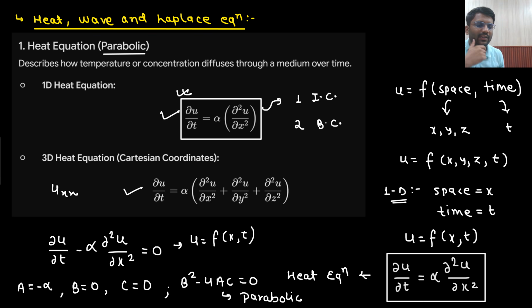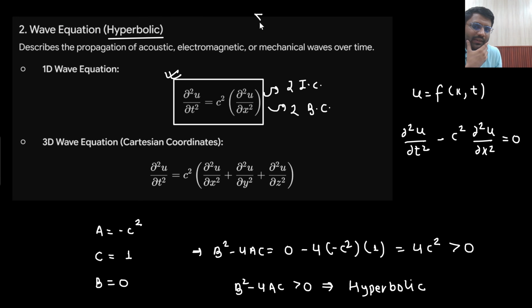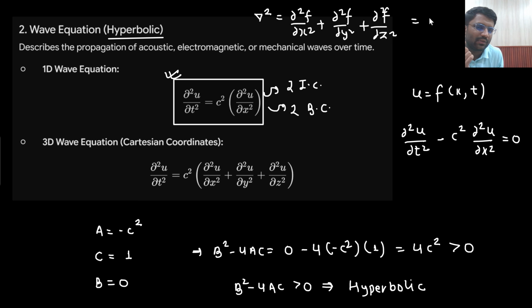What do you mean by Laplace equation? Do you remember the Laplacian operator? Del square. It was del square by del x square, del square by del y square, del square by del z square. If a field is harmonic, then what you used to do? Equals to 0. So if a field is harmonic, then the equation is known as the Laplace equation.